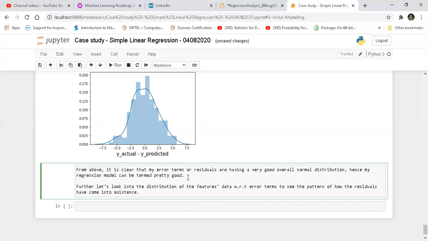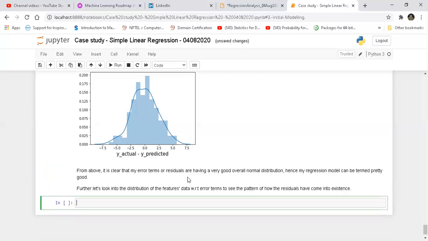Okay, when we draw this, then I'm going to explain how it actually is going to help us check homoscedasticity.